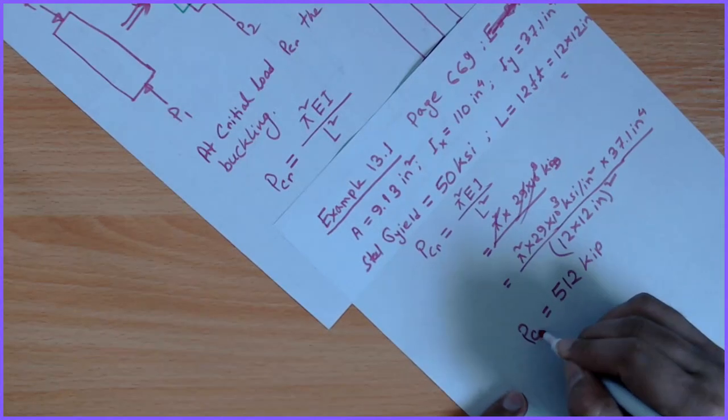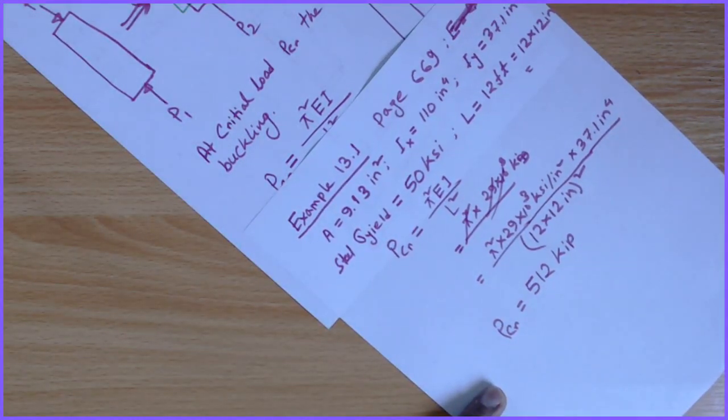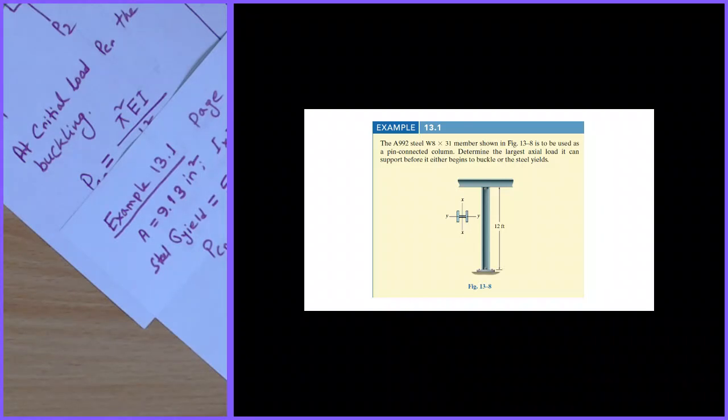So at 512 kilopound, this column is going to buckle.